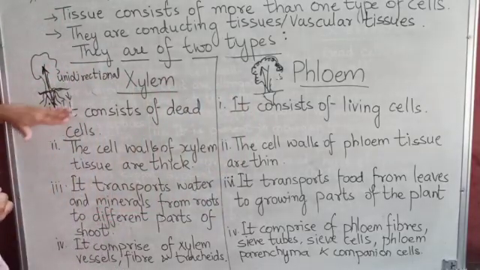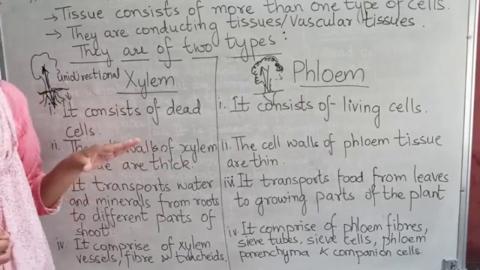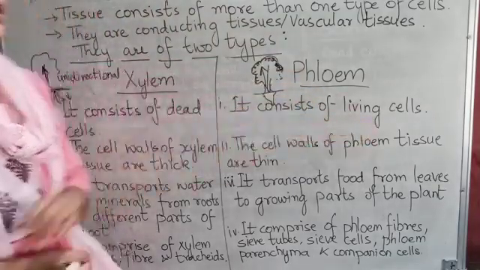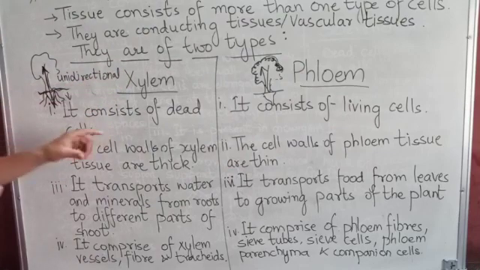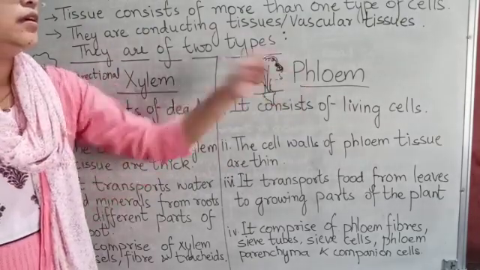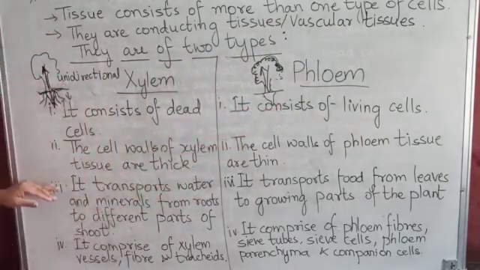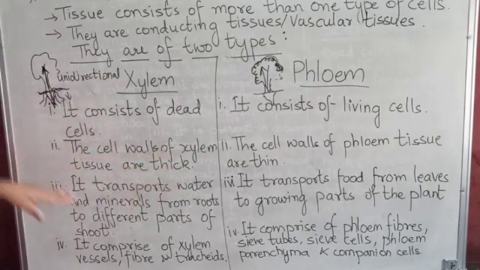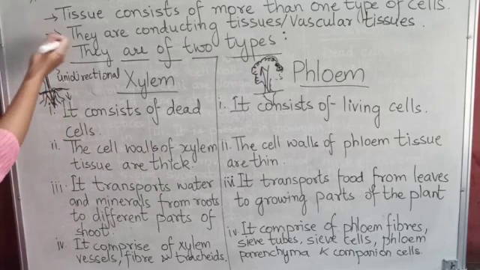So let's compare here. Let's start with the first point. First, xylem consists of dead cells, whereas phloem consists of living cells. The second comparison is that the cell walls of xylem tissue are thick, while the cell walls of phloem tissue are thin. Then the third one is that xylem transports water and minerals from roots to the different parts of the plant.